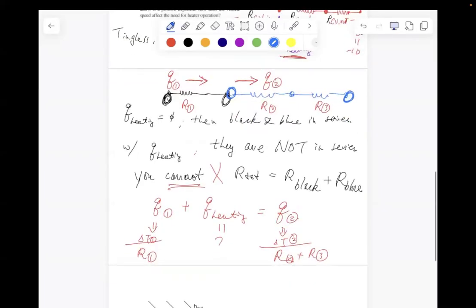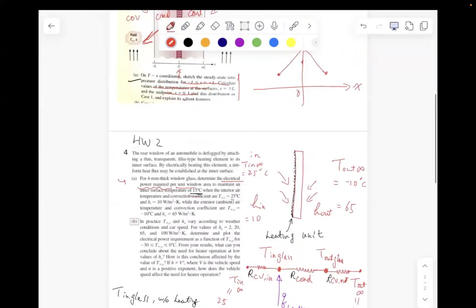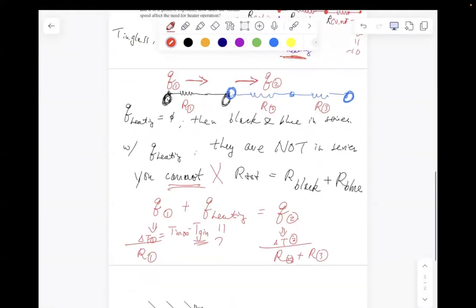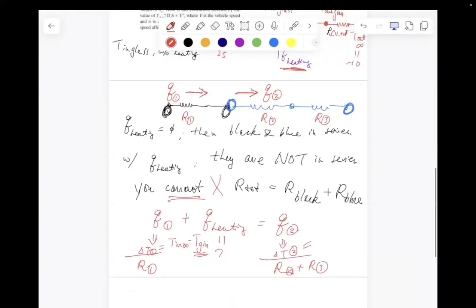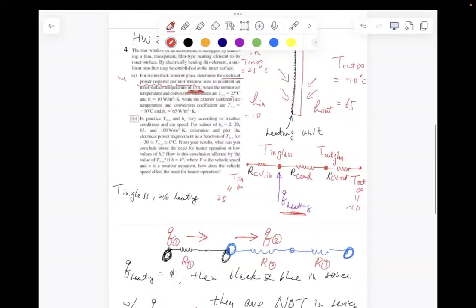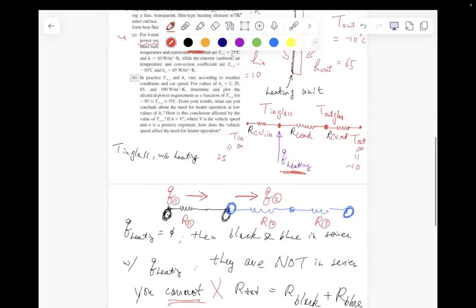So the delta T would be the inner temperature minus the glass inner surface temperature, and this is the temperature that the problem asks us to maintain at 15 C. And for the blue section, the driving force will be the glass inner surface temperature minus the outer air temperature. The glass inner surface temperature is again the temperature that we need to maintain.